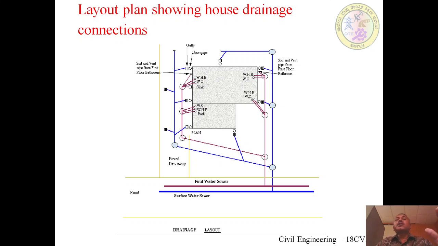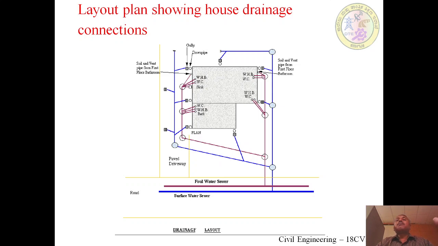Regarding the surface water, in the parking area we are going to collect the surface water, and roof water is also going to be collected, and it is to be properly disposed. I think we have studied the collection of the sewage water and the storm water from the buildings.